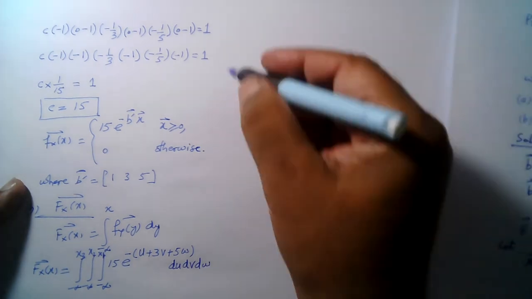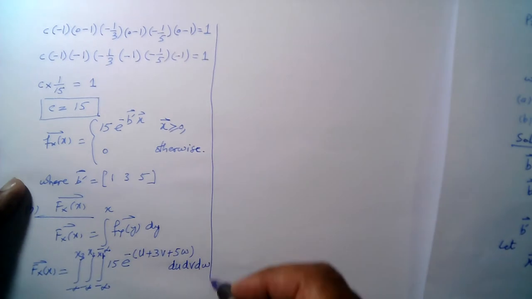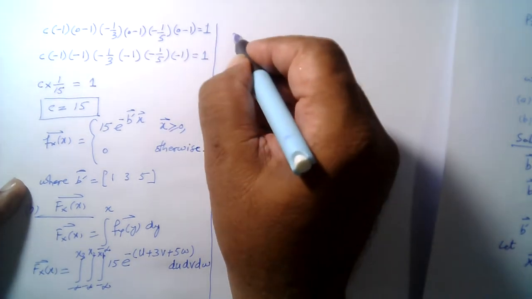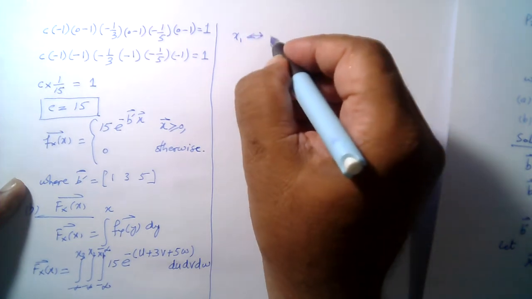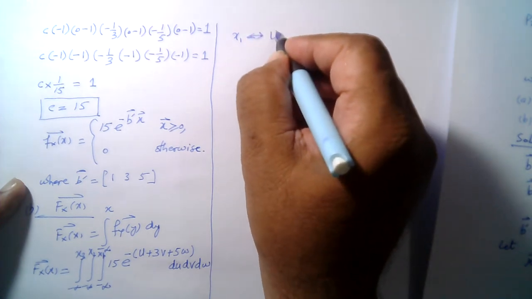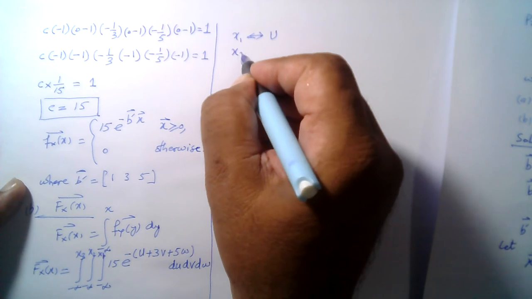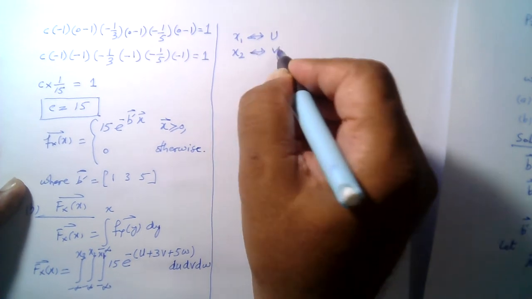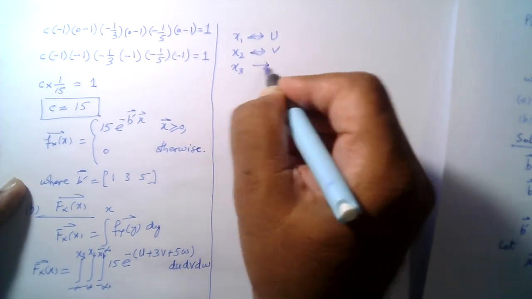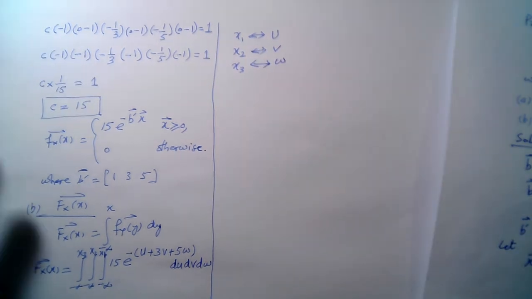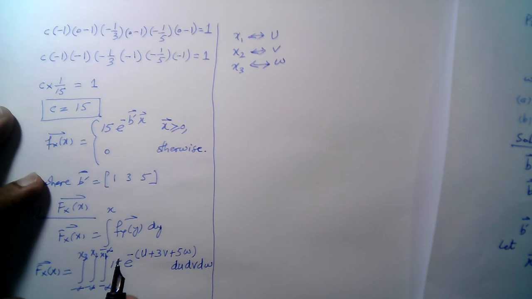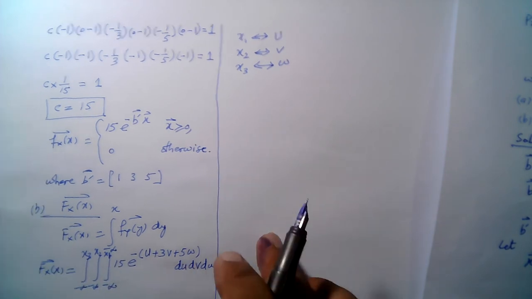So we are using dummy variables: for x1 we are using u, for x2 we are using v, and for x3 we are using w. These are the dummy variables, because ultimately the answer will use x1, x2 and x3 for the CDF.